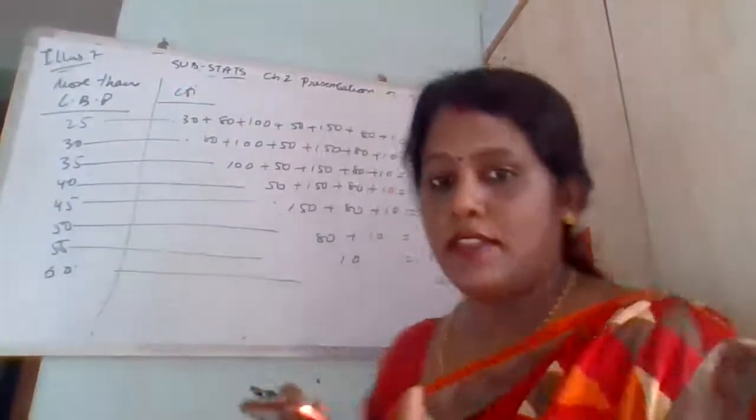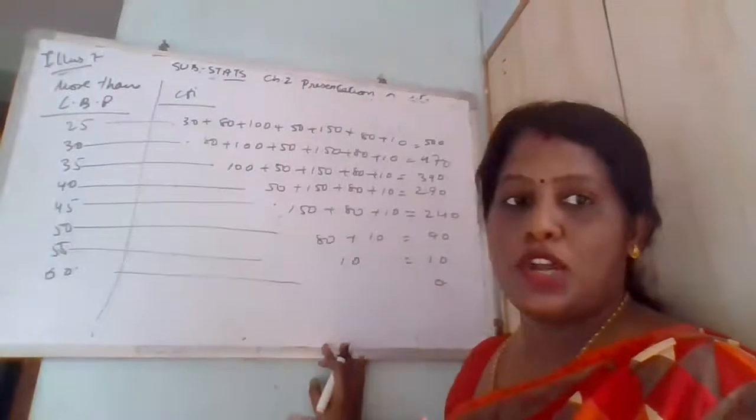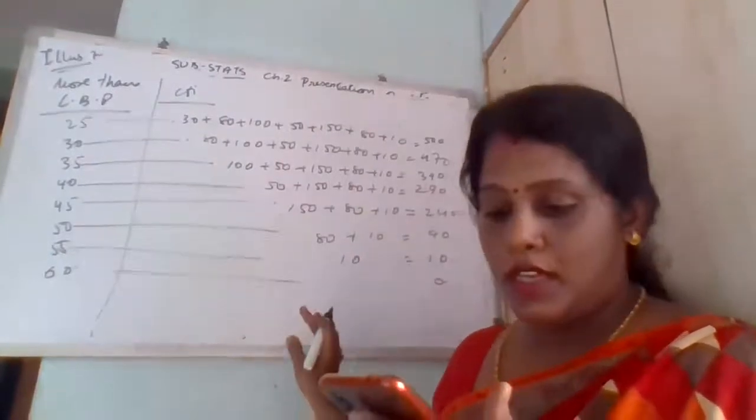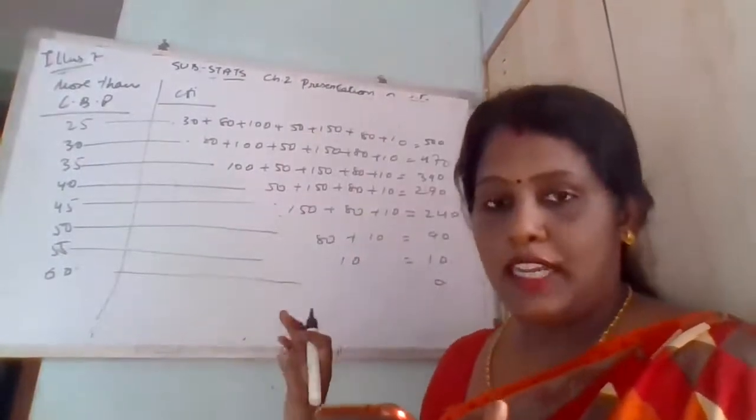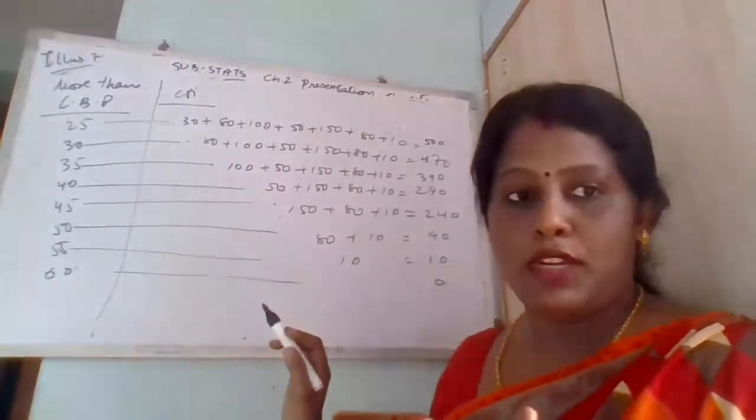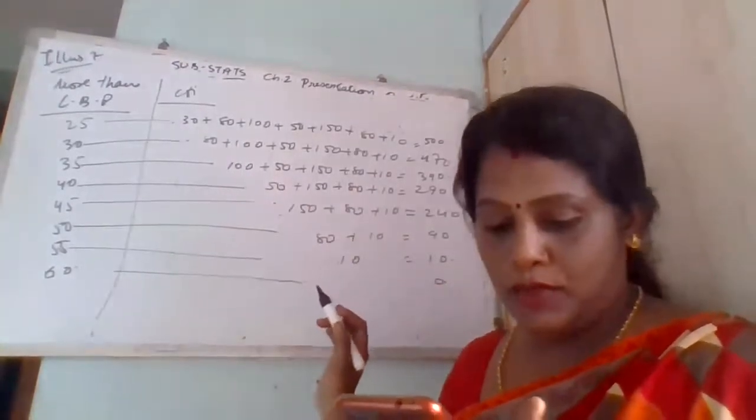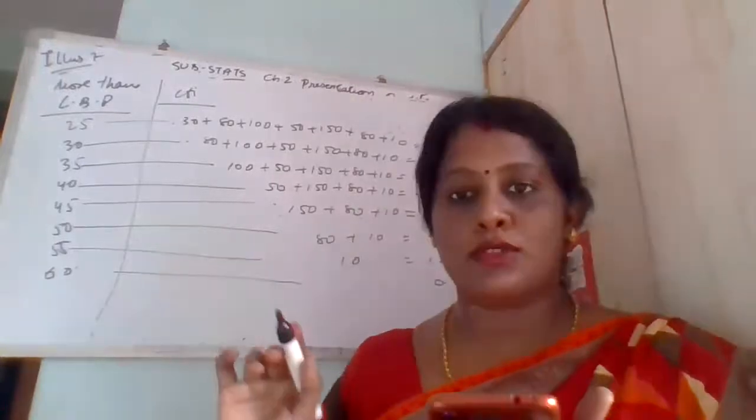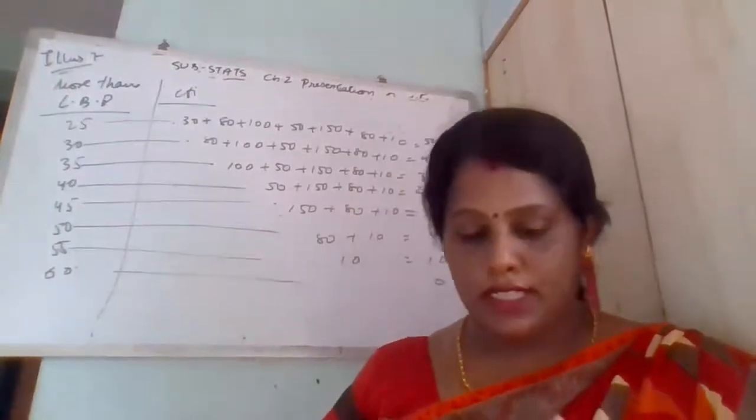Right? This is the way you have to show your calculation of more than lower boundary point. Okay. So our less than type heading was less than upper boundary point, and for more than type, more than lower boundary point. So this is your calculation of the seventh illustration.